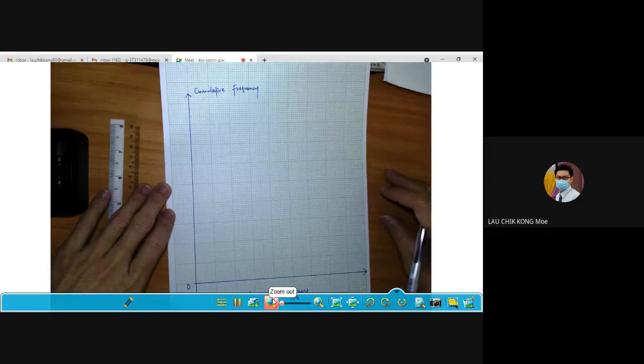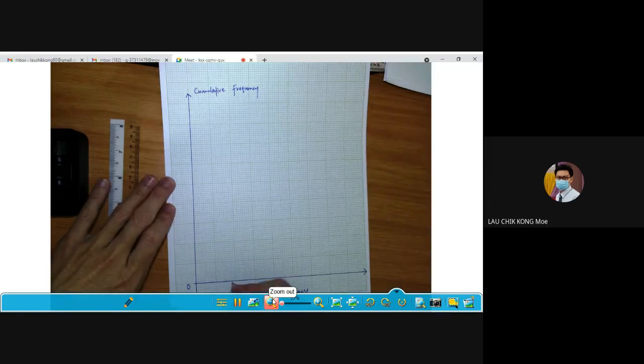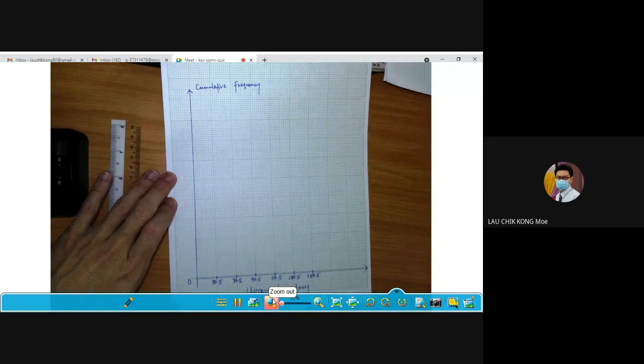Tapi saya rasa di sini kita perlukan lower juga because not the first upper boundary 50.5. First one 0, the frequency should be 0, right? And then 70.5, 90.5, 110.5, 130.5, 150.5. Okay, so that is our x-axis.